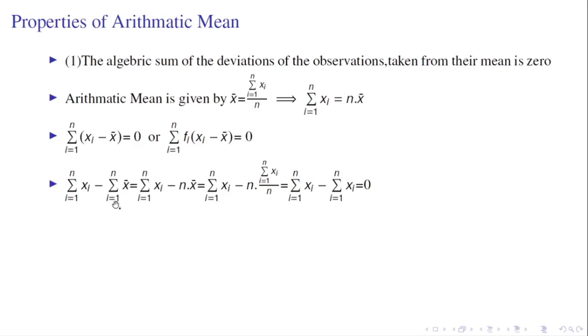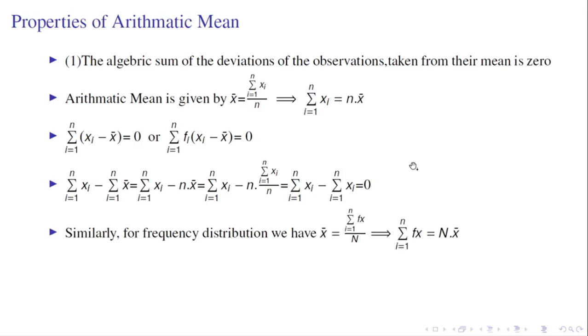We know that the summation over a constant is n times the constant. So this is n into x bar. So this is summation i is equal to 1 to n xi. This n and n get cancelled. Summation i is equal to 1 to n remains. That is equal to 0.